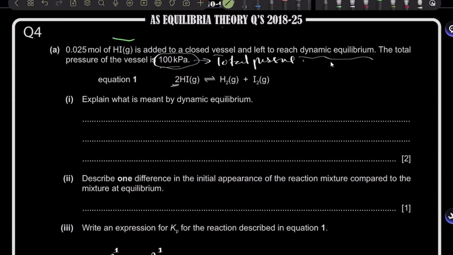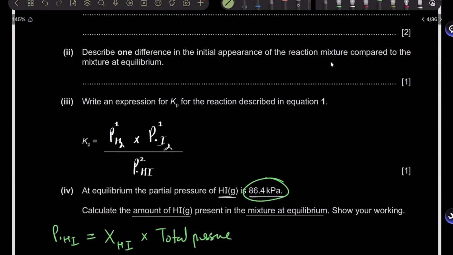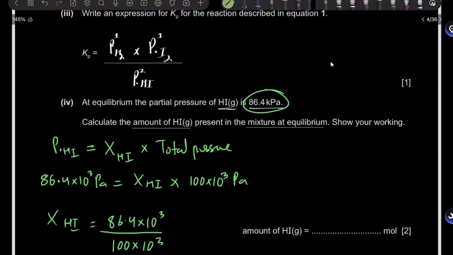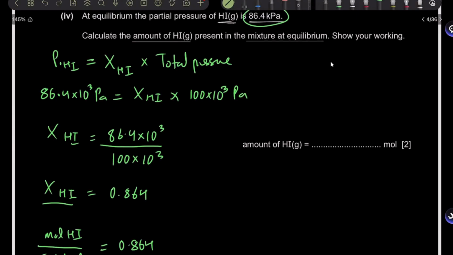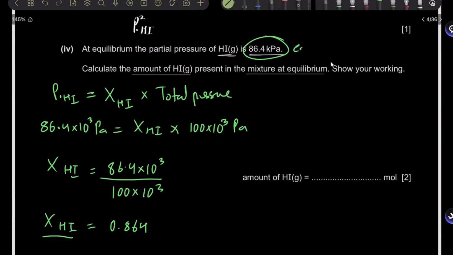I do have the initial moles of HI. How do I use the initial moles to get the total? Because this partial pressure is due to the equilibrium moles, right?